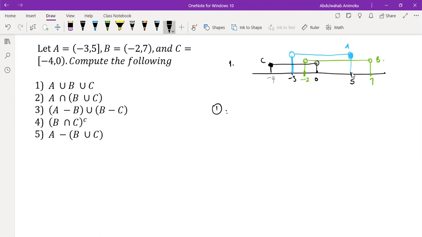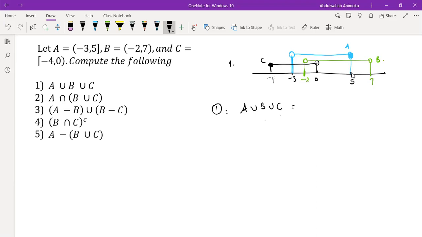The first question says we should find A union B union C. Union basically means all elements that are either in A or in B or in C, right? Anything contained in A and B and C together, we combine all of them together in one set without repeating an element more than once.